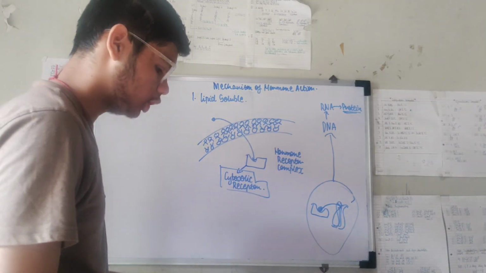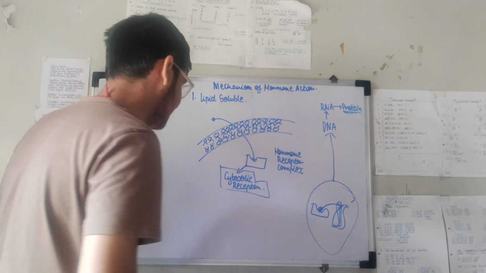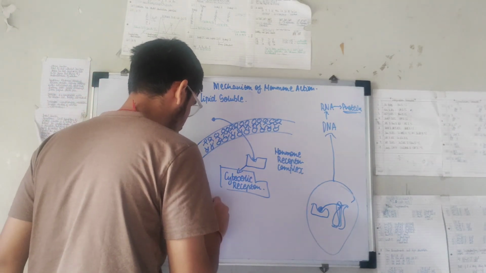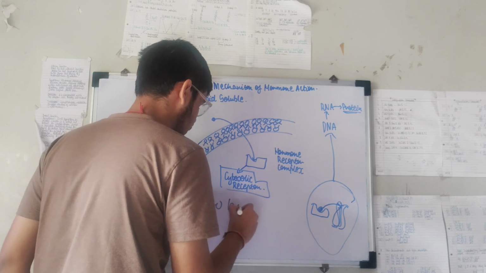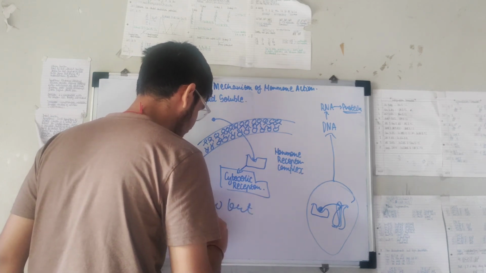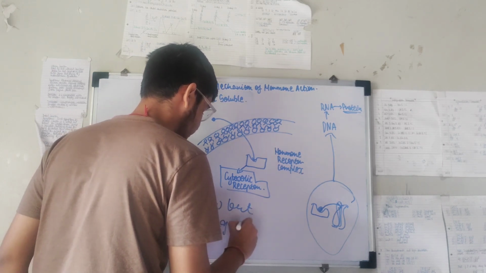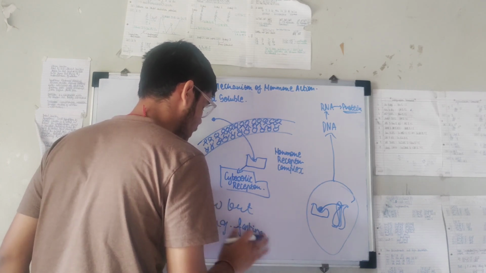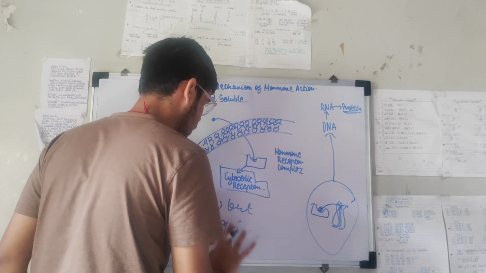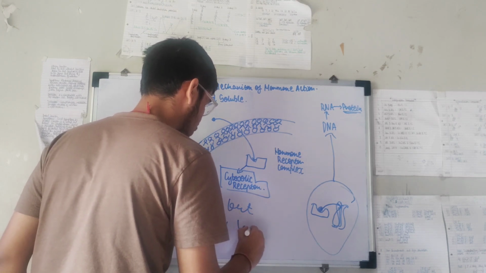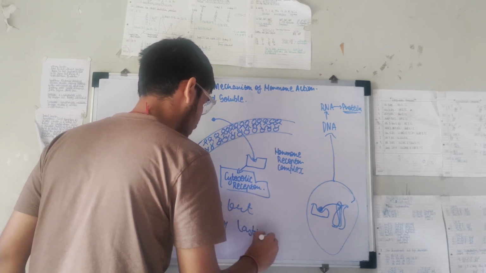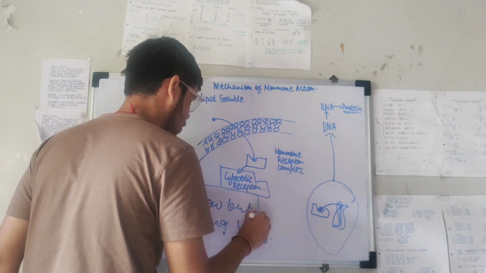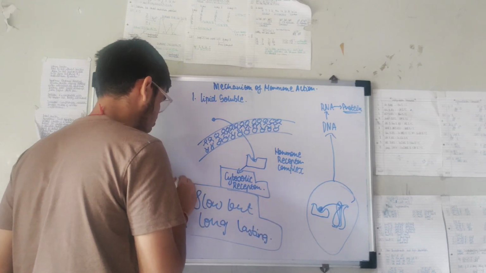Very important: this is slow but long lasting. Means we can think that all the estrogen and progesterone act only during the reproductively active age.